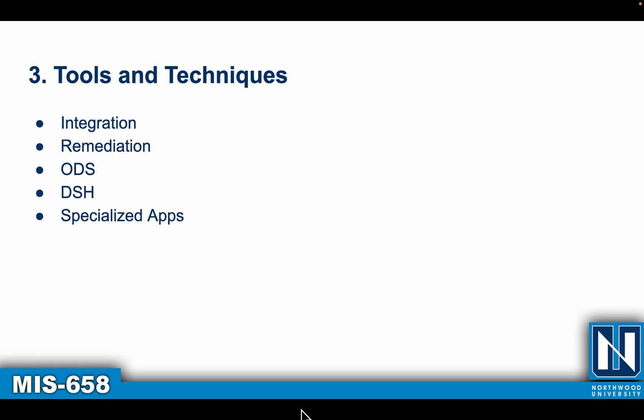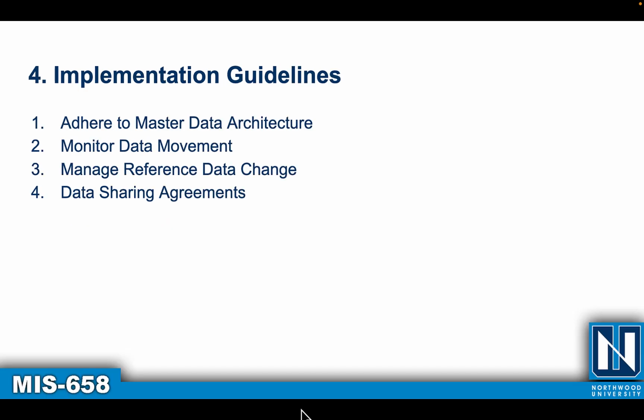So next, we want to look at implementation. What are some guidelines that we want to adhere to in order to implement our master and reference data practices effectively at our organization? First, we want to ensure that we align with our enterprise master data architecture. Second, we want to monitor any data movement to both ensure quality and also that we are meeting compliance standards.